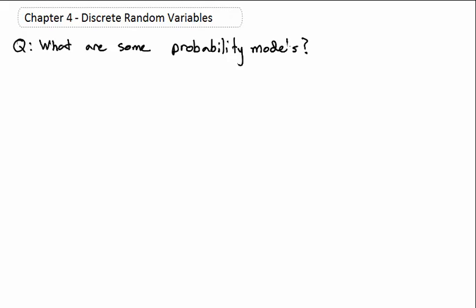In other words, models that can be used to represent various probability situations. And we're going to set this up with what are called probability distribution functions.